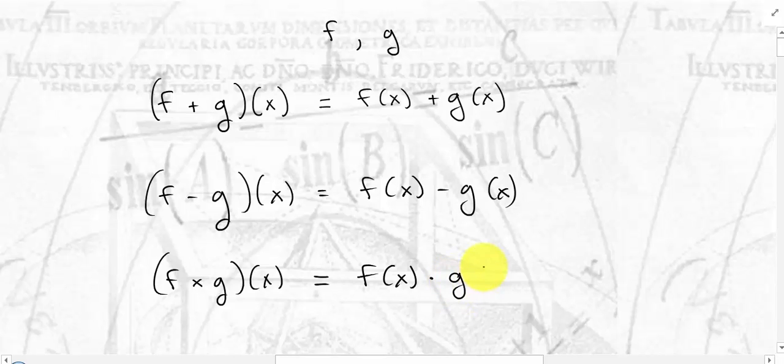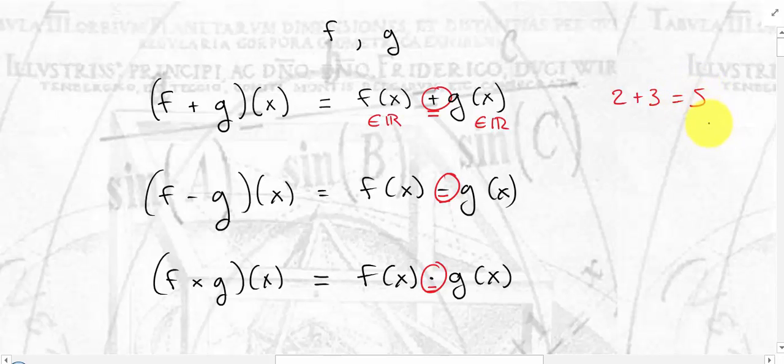Okay, now just a precision here, a technical detail. These operations on the right are operations with which you are very familiar because this is a real number and this is a real number. Therefore, these operations are just the combination of 2 real numbers. For example, 2 plus 3 equals 5.